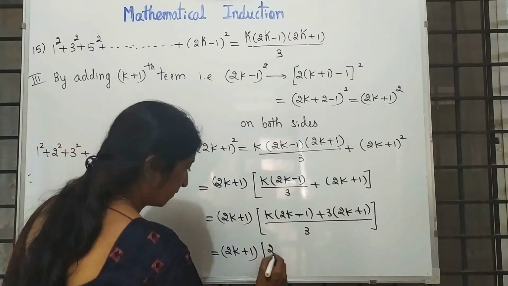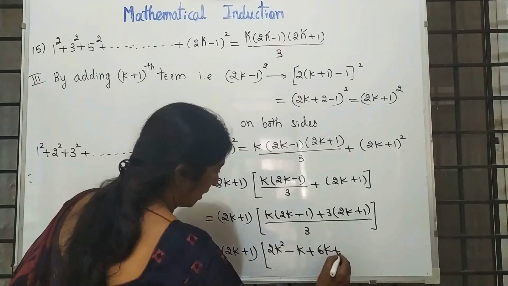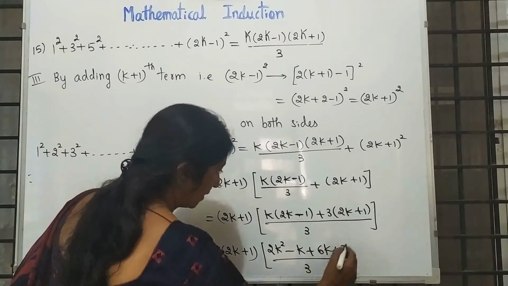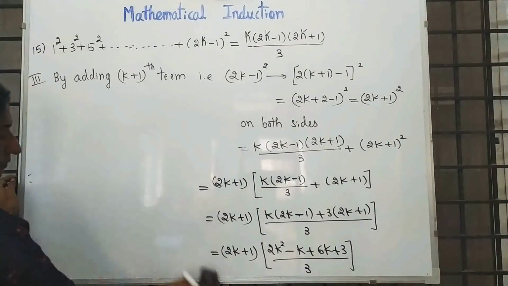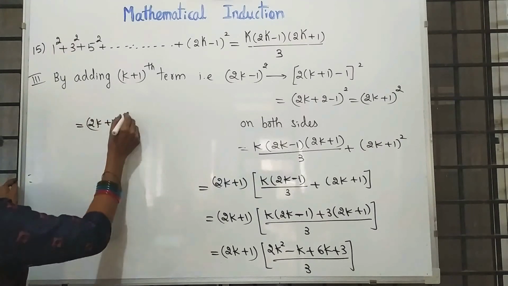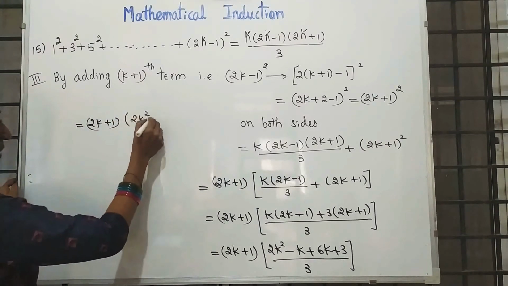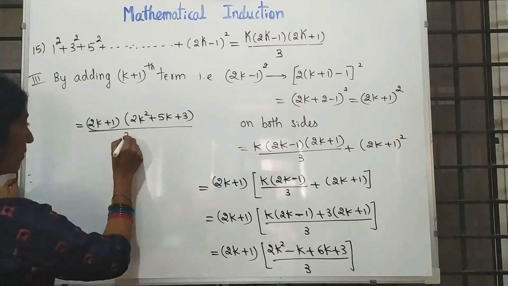Remove the bracket: 2k² − k + 6k + 3, divided by 3. After simplification you will get (2k+1)(2k² + 5k + 3)/3.